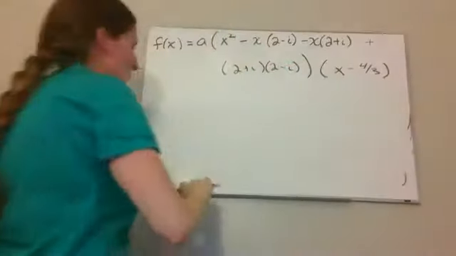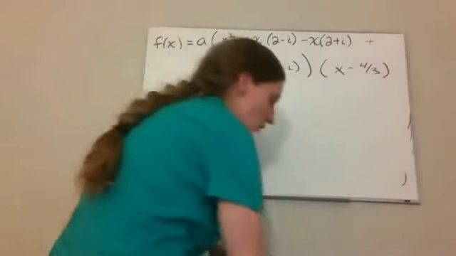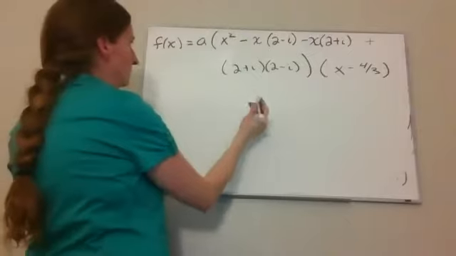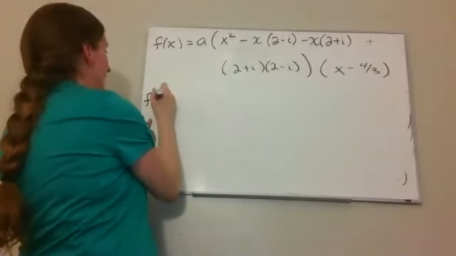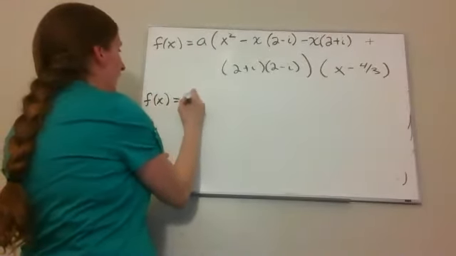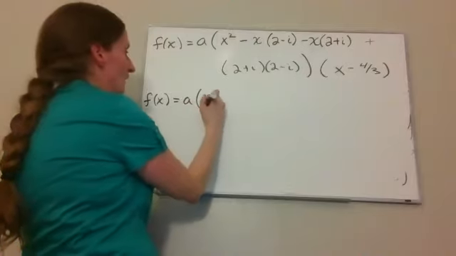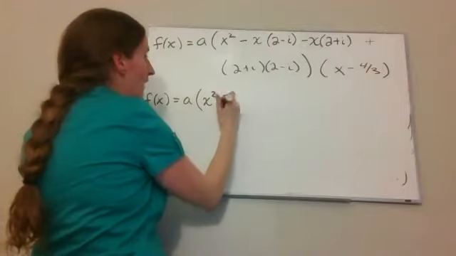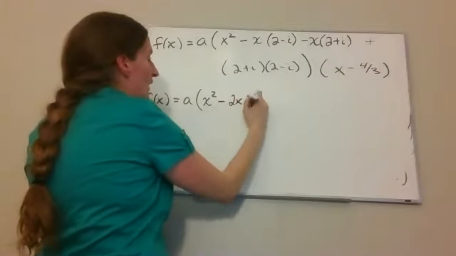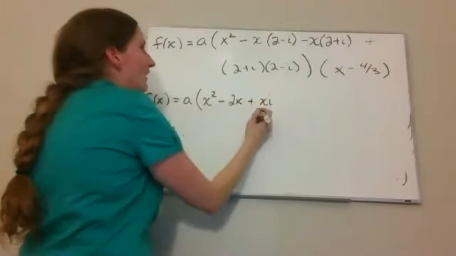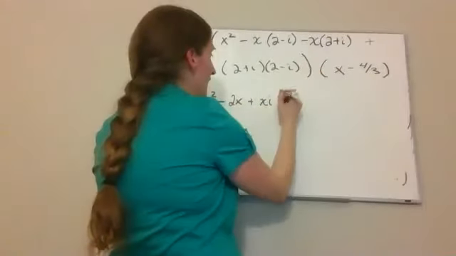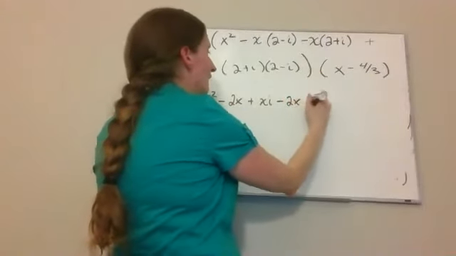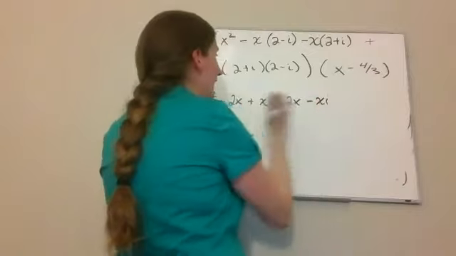Okay, sorry about that. So what we have here, f of x equals a times, I have an x squared. When I multiply this out, I get a minus 2x and a plus xi. Then I get another minus 2x and a minus xi.